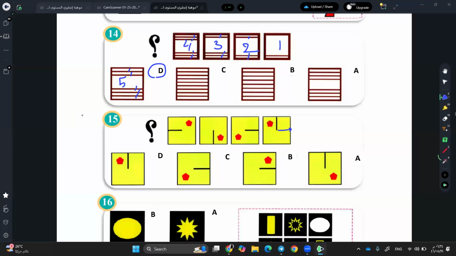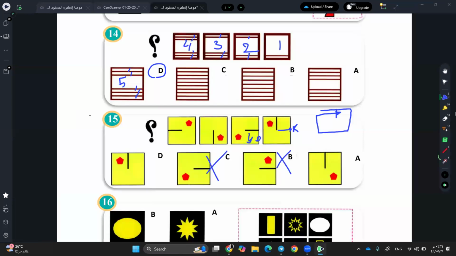So first on the right, then down, and then on the left. So it moved like that. It's going to be here first, then right, down, left. So what is the next position? I think it would go up again. Up, excellent. So we can delete answers B and C.